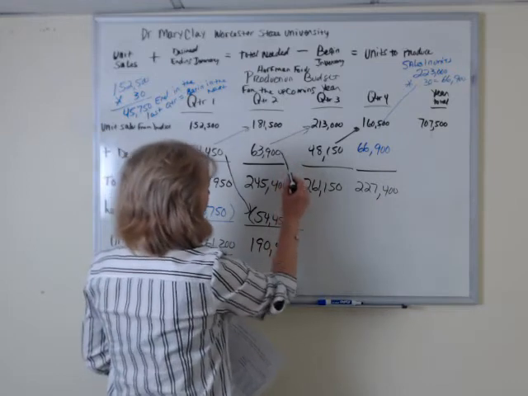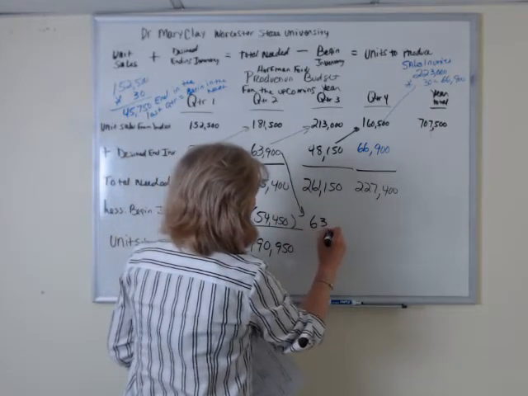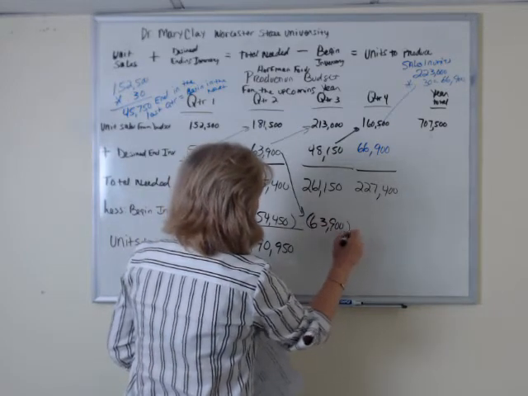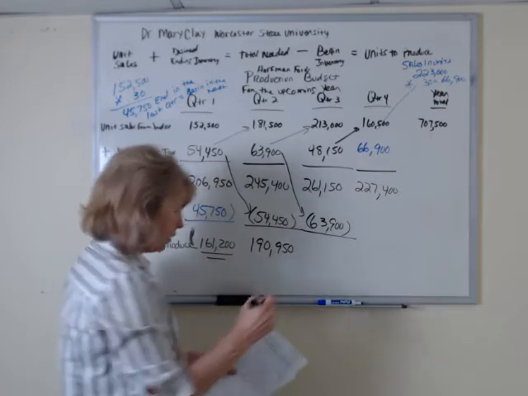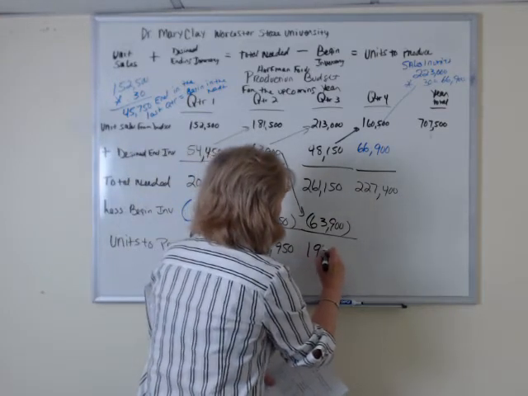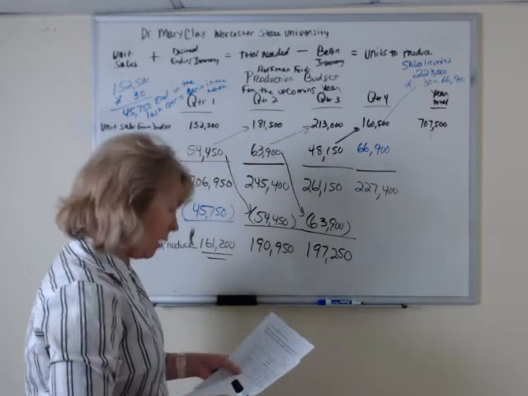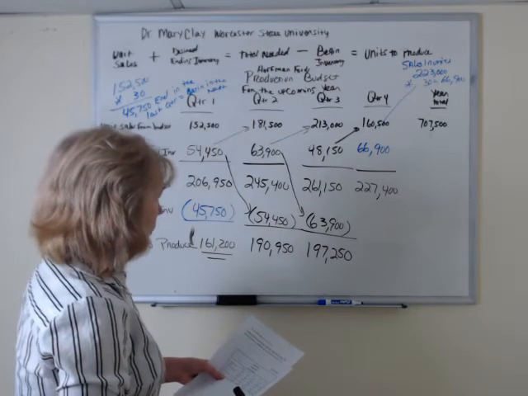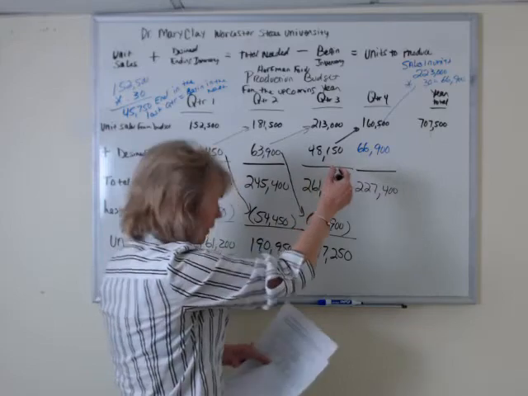Okay, so again, my desired ending inventory, 63,900. I'm just going to bring that right down. And I'm going to subtract that. 261,150 gives me 197,250. All right, and then my ending inventory was for Q, here it is, 48,150.